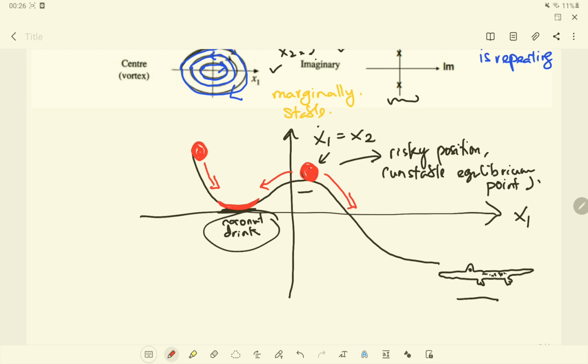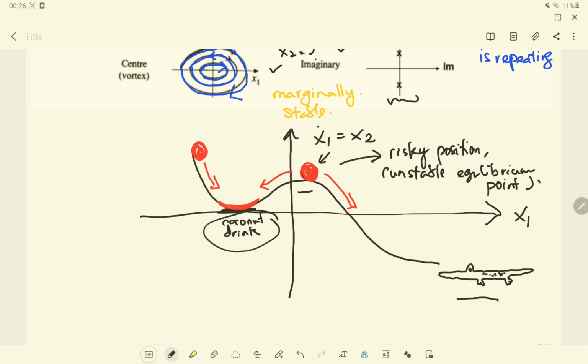So why do we talk about this? Because we want to find the coordinate to get the stable equilibrium point. It shows that if you choose the wrong equilibrium point coordinates, the system will be unstable.